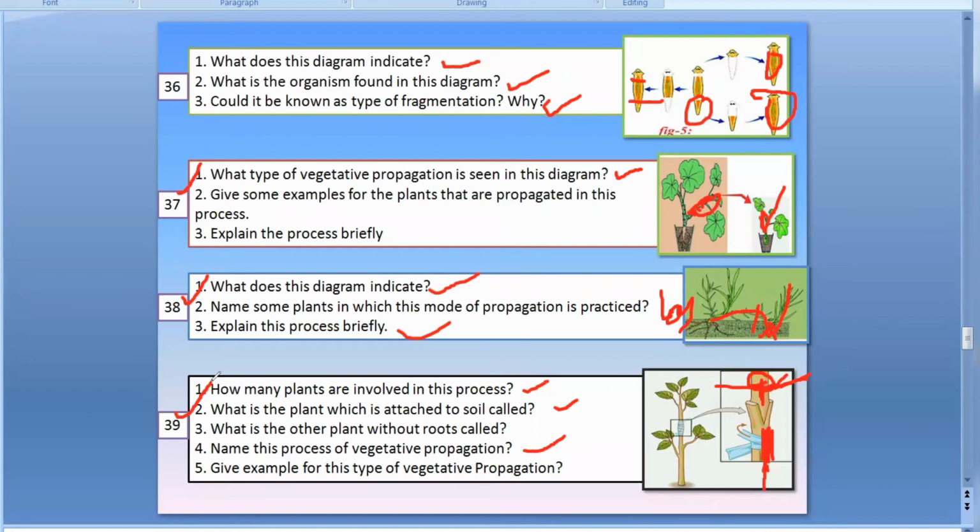Cutting, layering and grafting are the modern vegetative propagation methods. Today we use them more frequently to develop innumerable plants of good quality within a short period, in limited time and limited area.